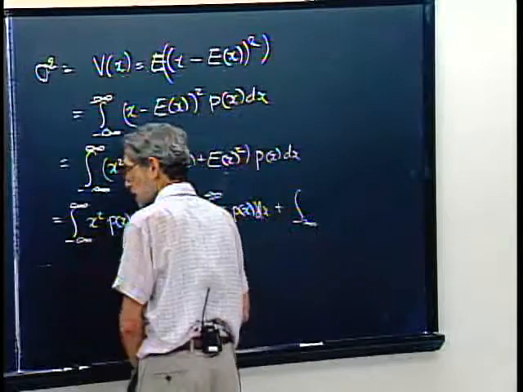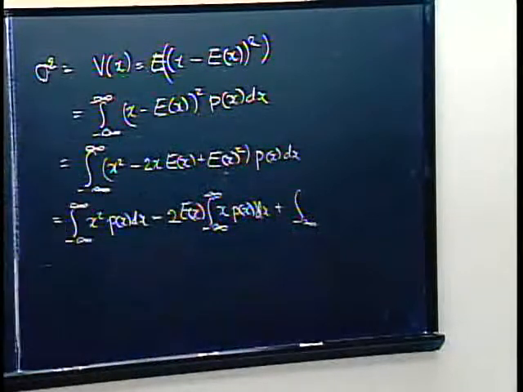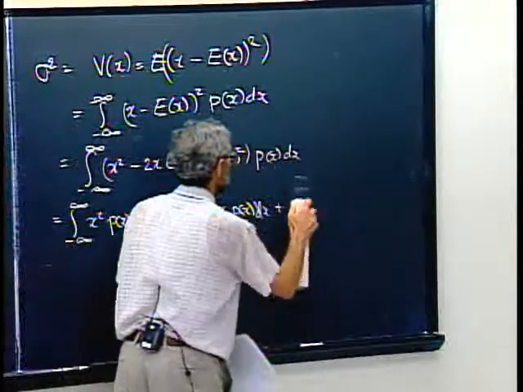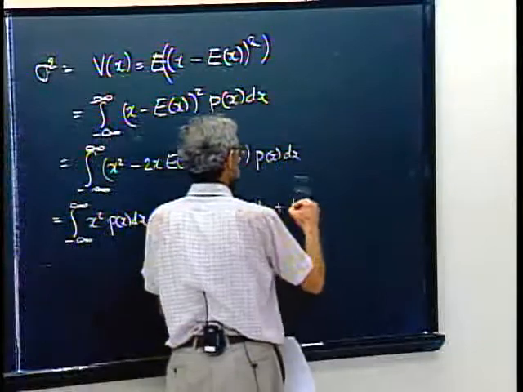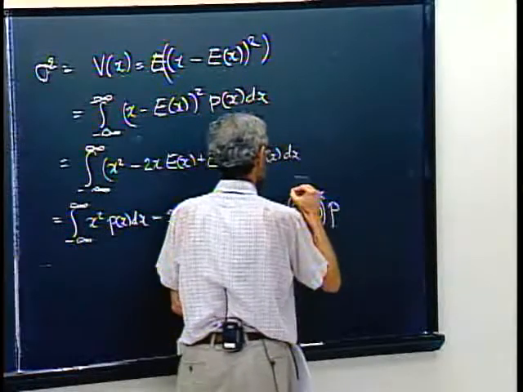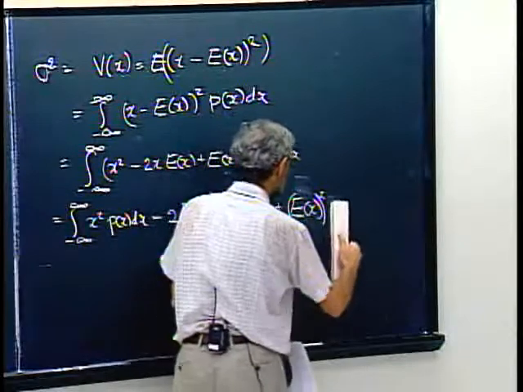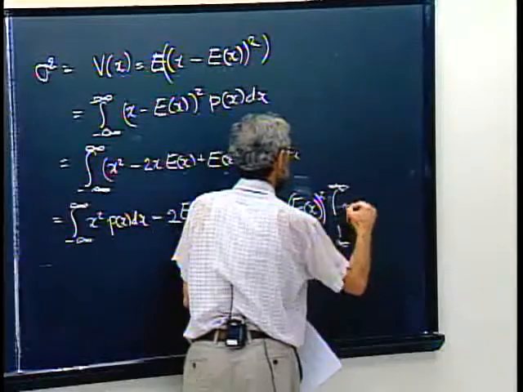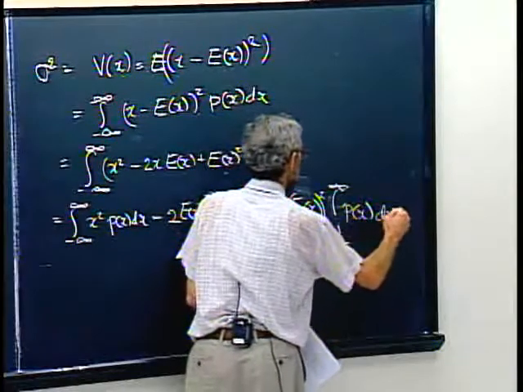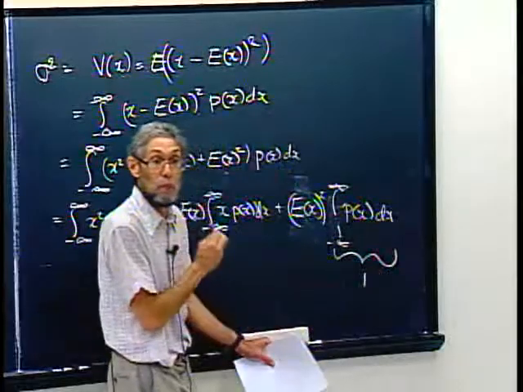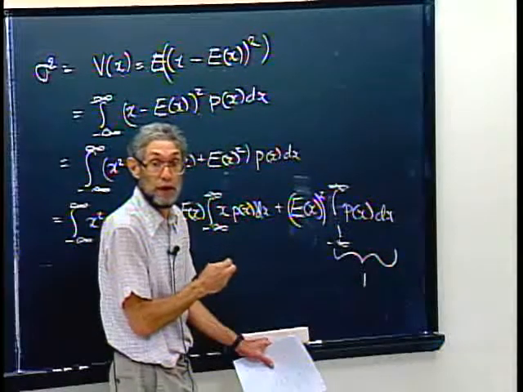Well, actually, I could take a constant out of that one too. E of x squared is a constant for this. I'm implicitly multiplying each of these terms by p of x, doing two steps in one. So now I can take this constant out, E of x squared, out of the integral, and then I have the integral from minus infinity to infinity of p of x dx. And I know this is 1 because that's a property of a probability density.